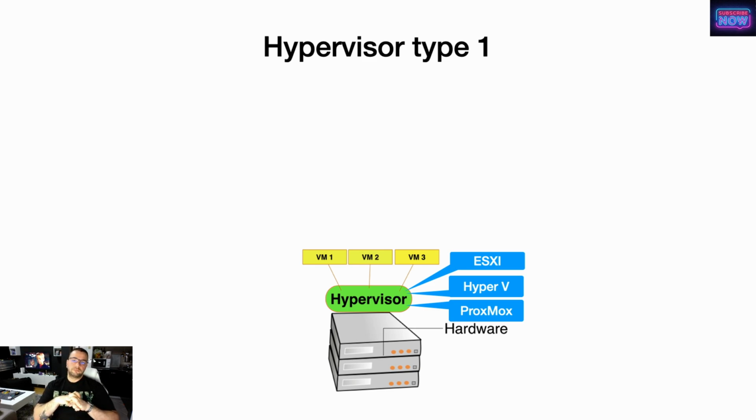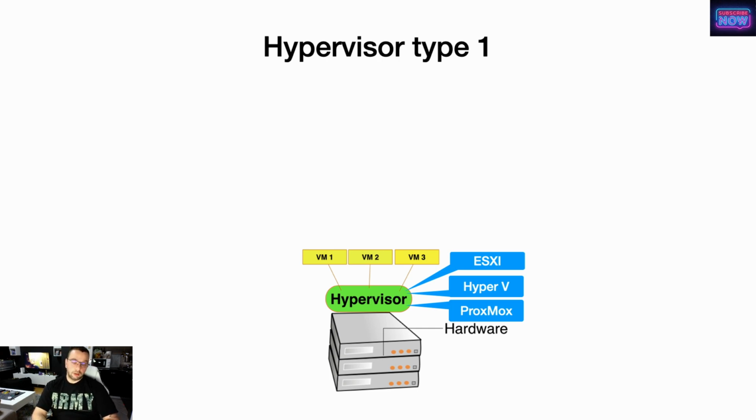Hyper-V, same. It's coming in Windows Server, it's coming in the Windows 10 Pro edition, and you can get it as a standalone. So it's like a core version of Windows Server, but it's only the Hyper-V, which is free of charge.